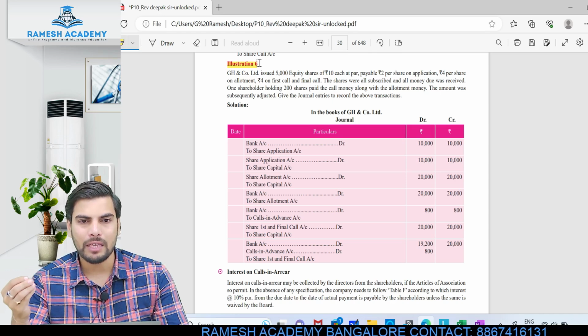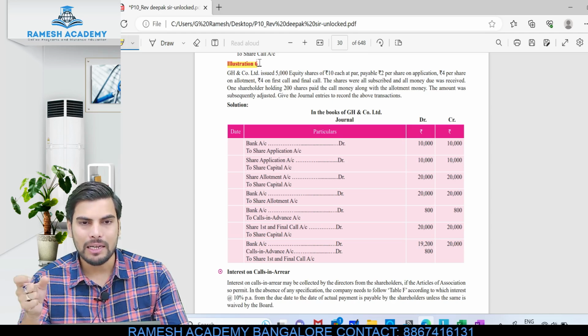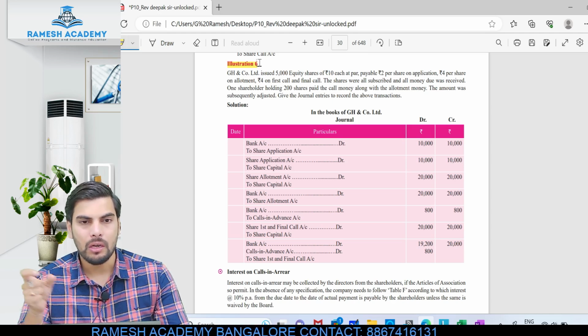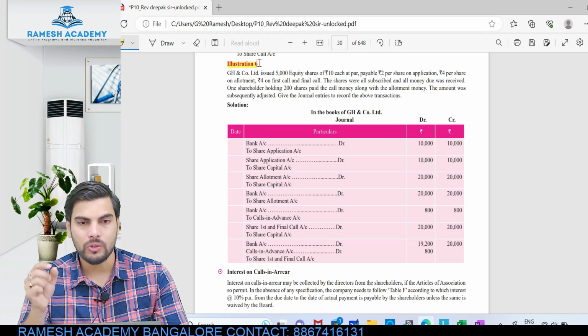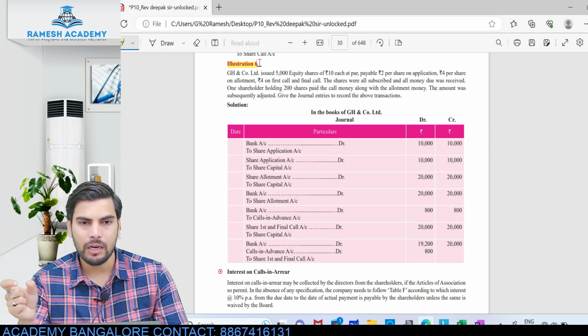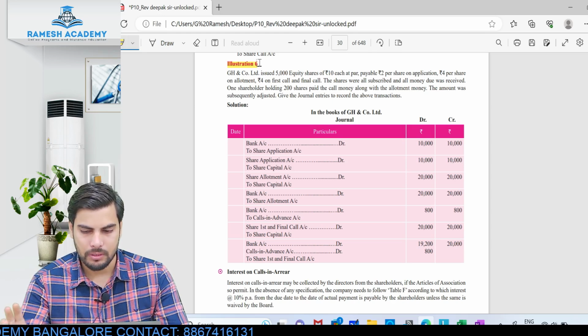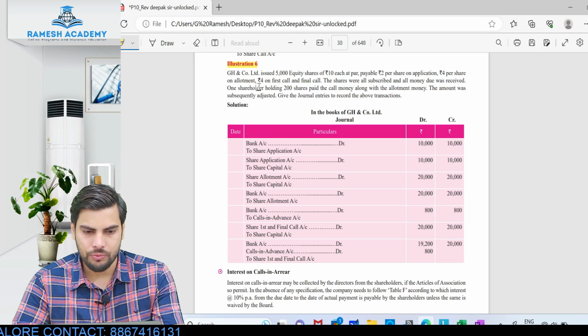I won't have any idea about it. Only when I actually receive the amount will I get to know whether this shareholder paid in advance or the amount is still in arrears. That's the reason for calls in arrears and calls in advance we always give effect while passing the receipt entry. Simple. Okay, so let's solve this last illustration for the day.